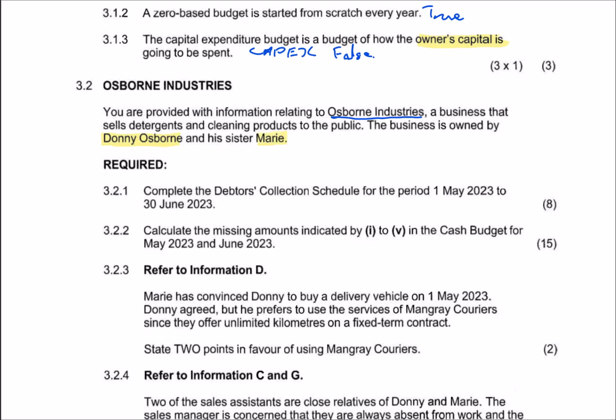Required: complete the cash budget schedule for the period 1 May to 30 June and calculate the missing amounts indicated by 1 to 5 in the cash budget for May 2023 and June 2023. Remember, for the cash budget you're only required to calculate May to June.